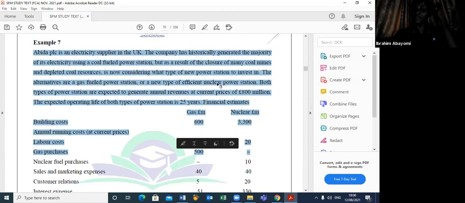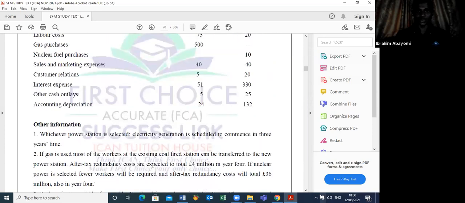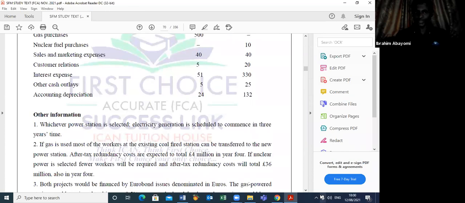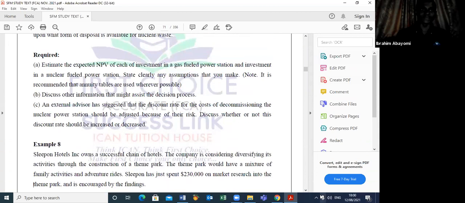But I need to confirm that we are together on this platform. I'm not just going to continue to teach without being able to assess your understanding. So let's look at the requirement of this question and solve it quickly.